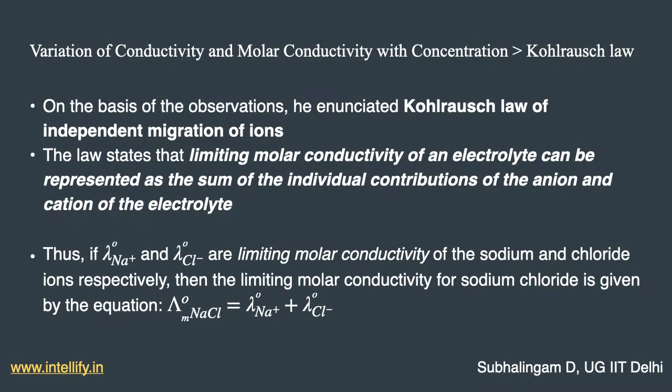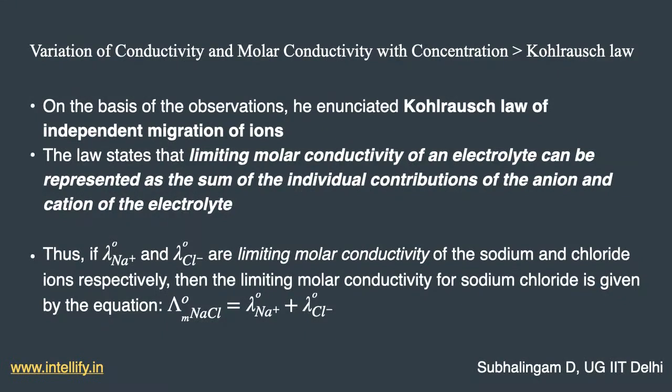Thus, if lambda naught Na plus and lambda naught Cl minus are the limiting molar conductivities of sodium and chloride ions respectively, then the limiting molar conductivity for sodium chloride is given by the equation lambda naught NaCl is nothing but lambda naught Na plus plus lambda naught Cl minus. And notice that I have used small lambda for individual ions.